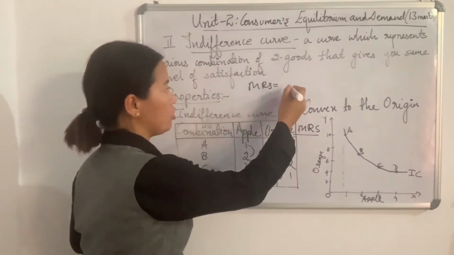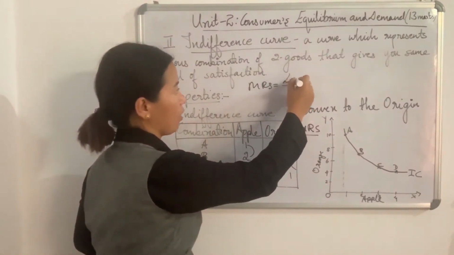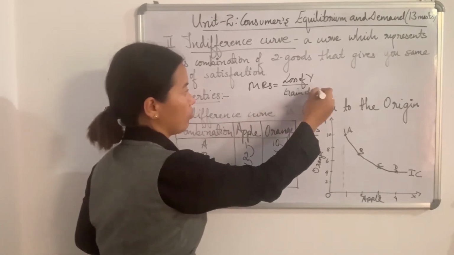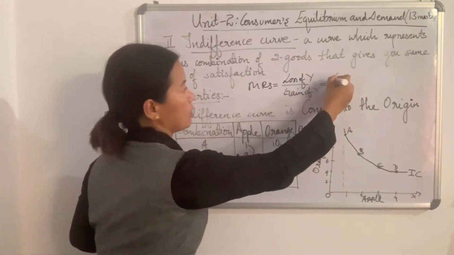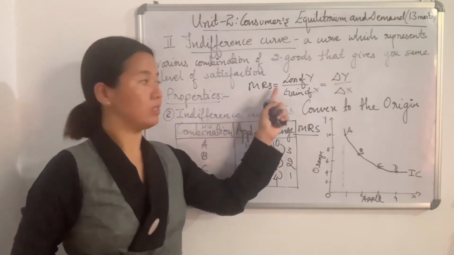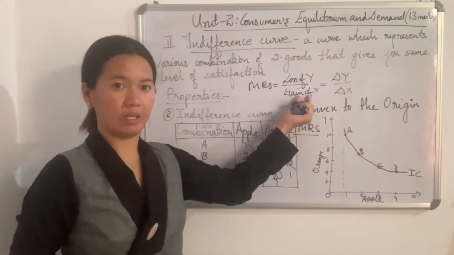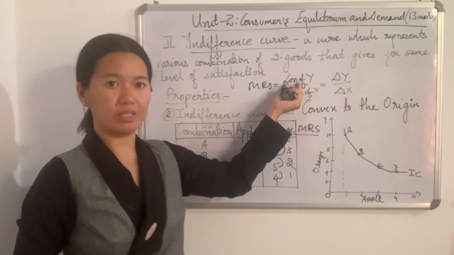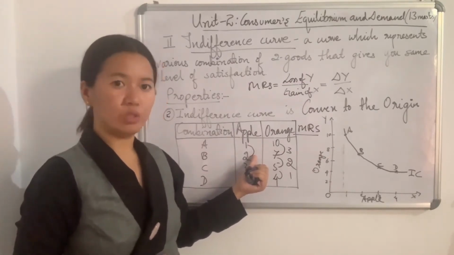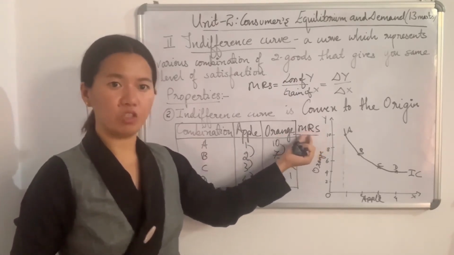MRS is the rate at which you are sacrificing good Y in order to gain an additional unit of good X. So it is change in Y upon change in X. That is, MRS is loss of Y upon gain of X. How much you are gaining of good X and how much you are sacrificing of good Y. Here, in order to gain 1 unit of good X, I'm sacrificing 3 units of good Y. This is called MRS, marginal rate of substitution.